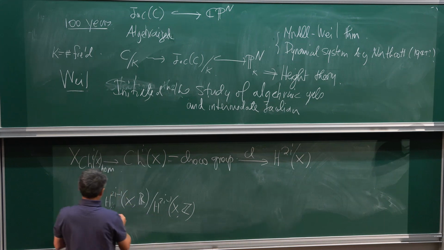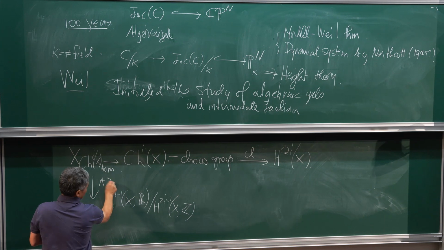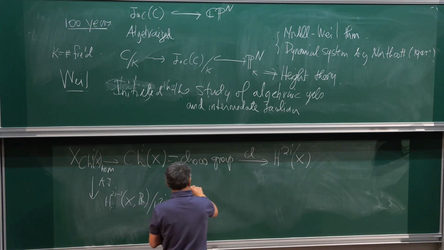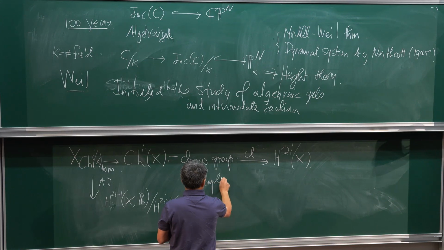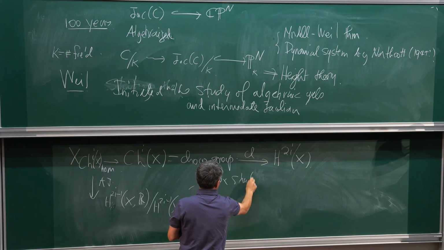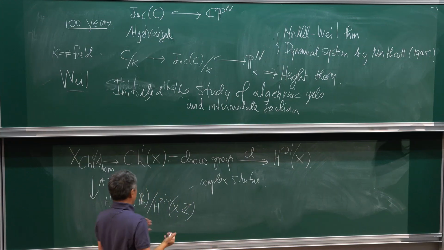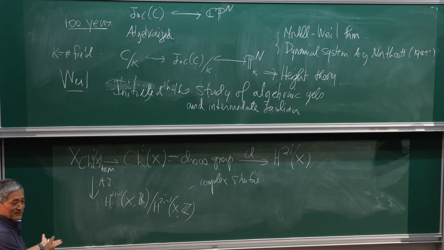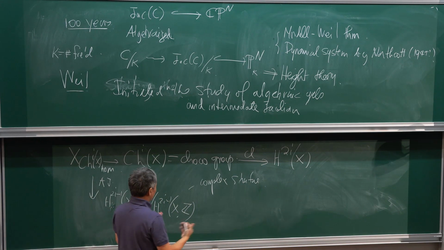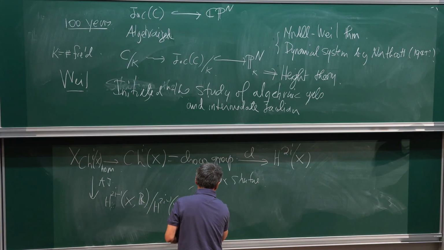So this is an Abel-Jacobi map, and he put the complex structure there. When Griffiths was in his lecture, they found that this is not the right one. Then Griffiths made a modification and put a different one.